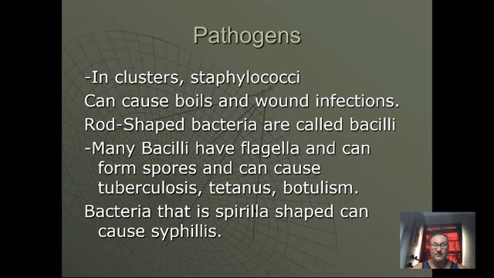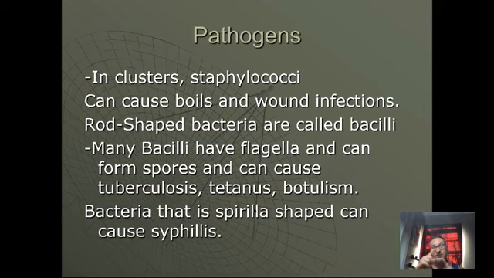And then it talks about the rod shape, which I mentioned before, is bacilli. So we got these bacilli in a chain together, which can give us a different type of pathogen. Many bacilli have flagella and can form spores.